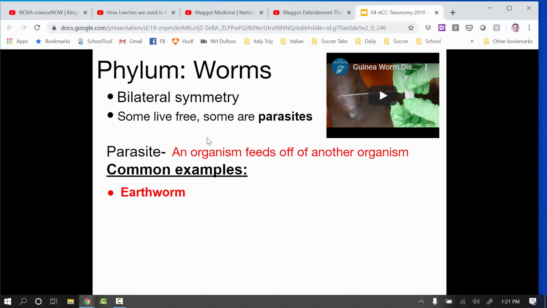So one example of a segmented worm is an earthworm. We've all seen earthworms. Another example that's related, also a segmented worm, is a leech. Leeches are a type of worm that lives off of what? They live off of blood. They attach to a host organism.